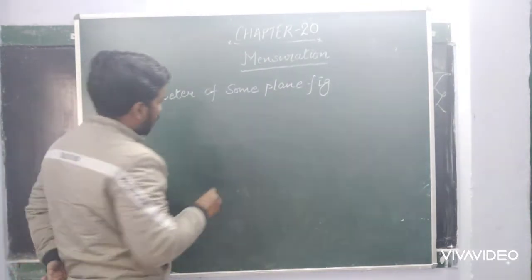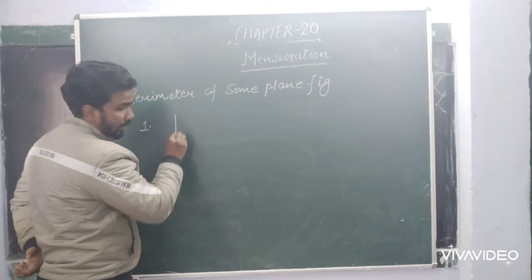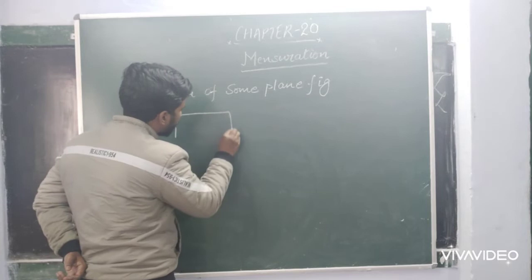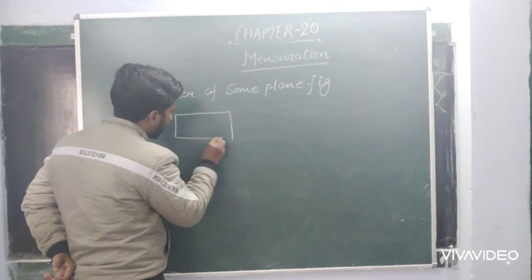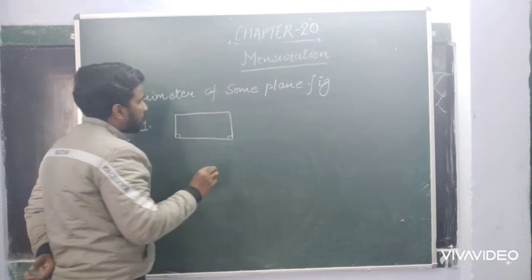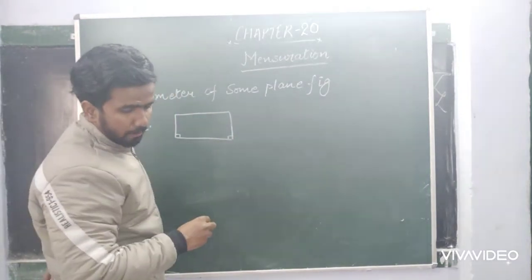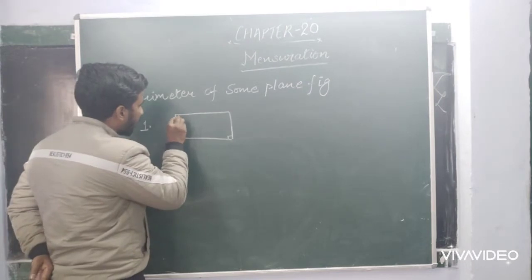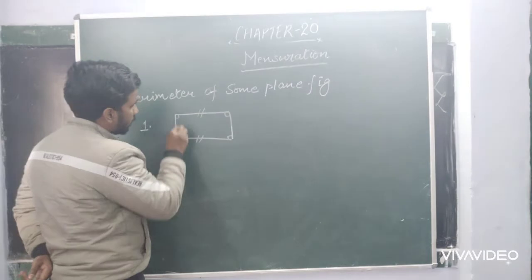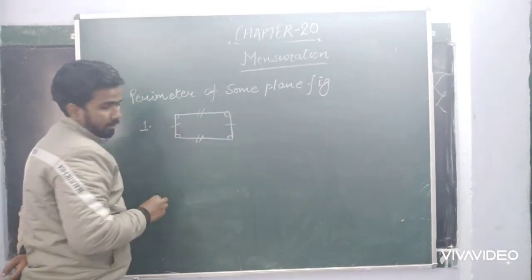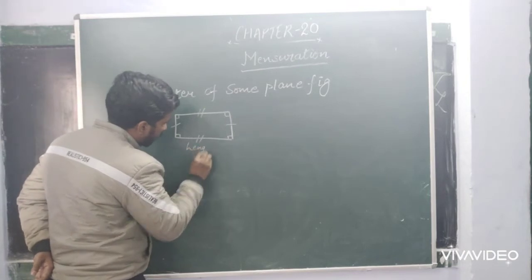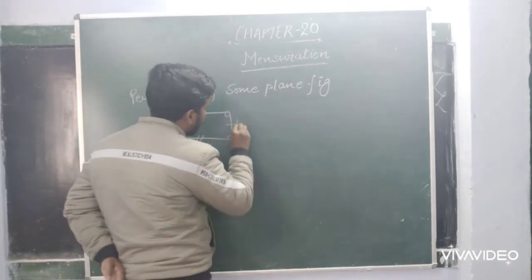First is the rectangle. You know that in the rectangle, two sides are equal. So these two sides are equal to each other, and this side is equal to this side. Clear? So this is length, and this will be breadth.